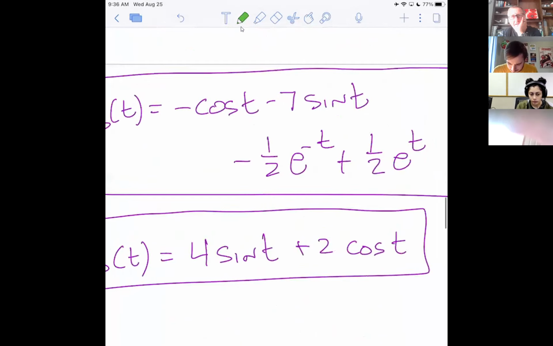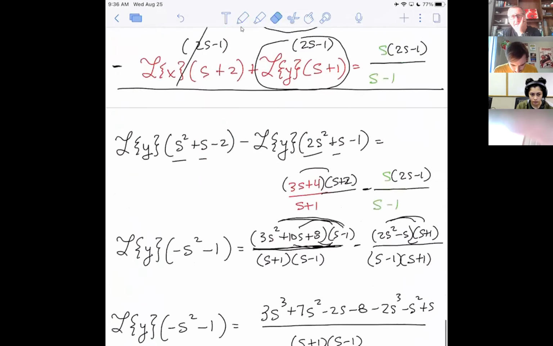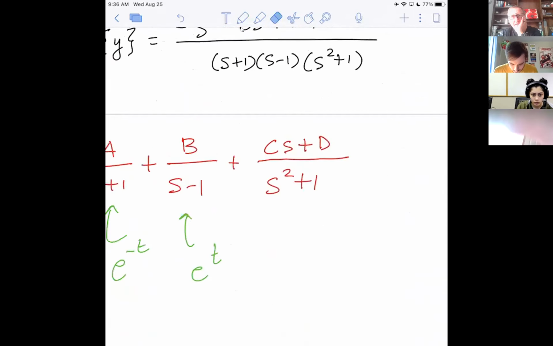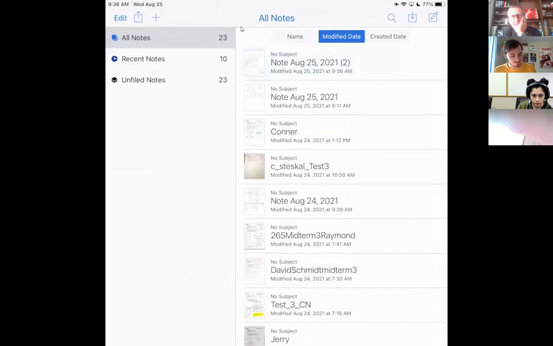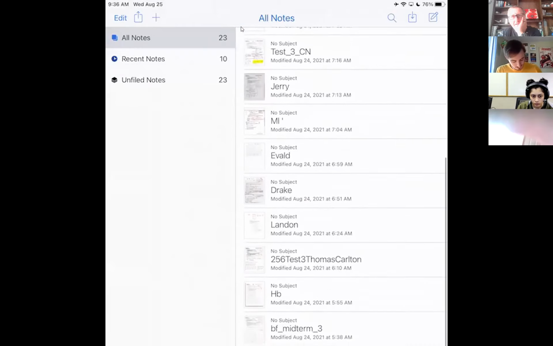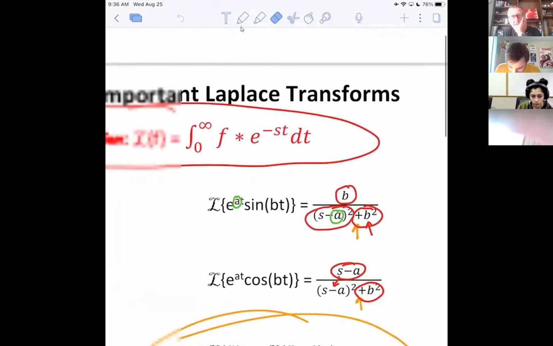And then what about the sine and the cosine? That's probably going to come from the Cs plus D. Yeah, because look what's underneath it. There's an s squared plus 1. See if I still have a Laplace table here. Doug's table of Laplace transforms.